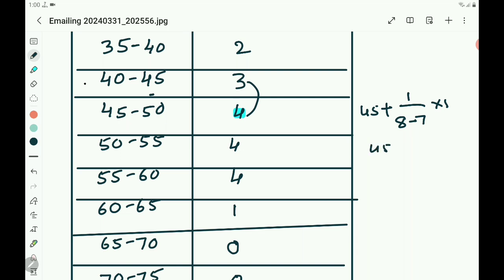Again you will get 45 plus 1 by 1 into 5, which is equal to 5. Again you are going to get 50. Here 2 times you are going to get the same answer. If you take this 4, the answer is 45 plus 5, 50.